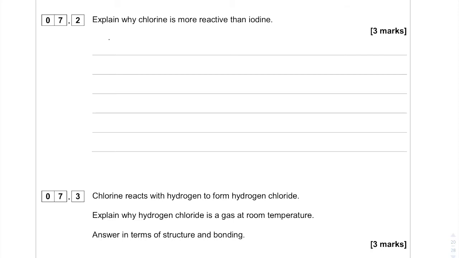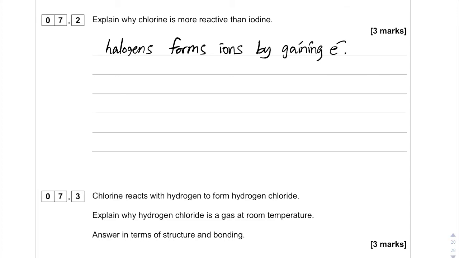So halogens form ions by gaining electrons, which we already know because most halogens bond in ionic form, and even if you bond covalently, you still need to attract an extra electron.